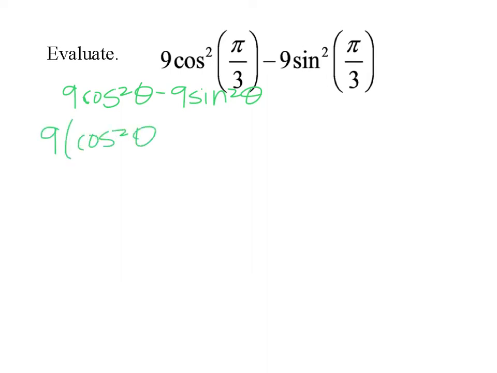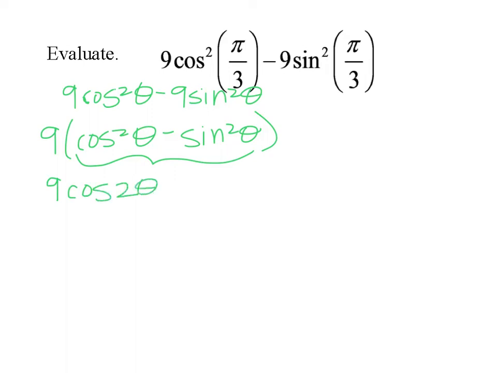So 9 times cosine squared theta minus sine squared theta. Now, this cosine squared theta minus sine squared theta, if you refer to your formula sheet, is another double angle for cosine. So this would just simplify to 9 times cosine of 2 theta.